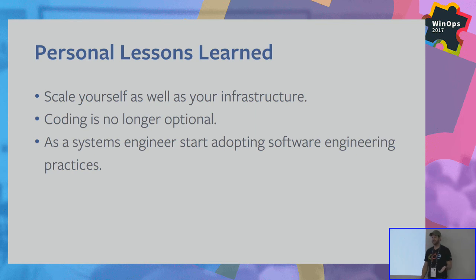But because of this, you'll have to think a little bit differently. If you're a system administrator or systems engineer, as my title is, you're going to have to start adopting some software engineering practices. They're tried and true. They've been around a very, very long time. There's lots of really good resources like books on writing clean code and on how to do testing. It's very beneficial as a systems engineer because if you're going to rapidly iterate over things, you want to provide people that come after you and have to maintain your code a really good testing framework or just a set of tests, because if they break something, they know about it.